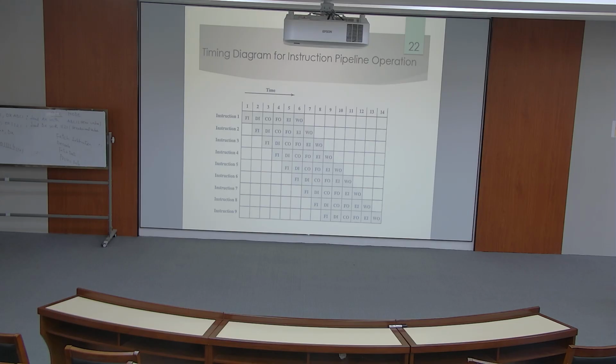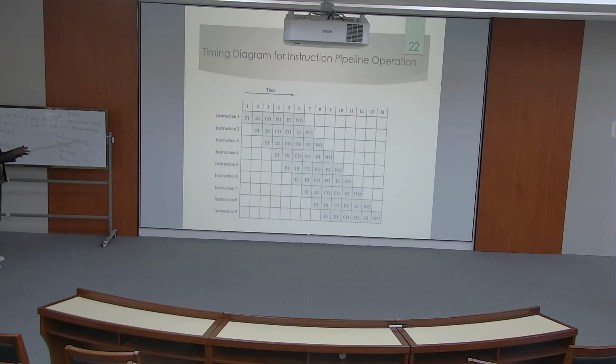Then our instruction number 2 will be in calculate operand. Then our instruction number 3 will be in the next stage, that will be decoding instruction. Then comes instruction number 4. Instruction number 4 will be in instruction fetch. That is the first stage.